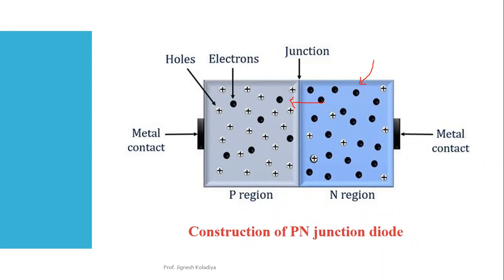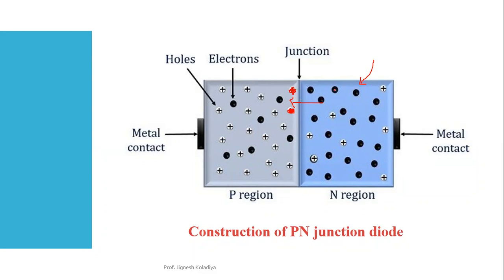Suppose one electron is coming from this and it is going to fill this space over here. Similarly, a second electron comes over here and fills this space, right? I'm just going to explain how it becomes immobile. So right now it is mobile, meaning it can move in any direction, right?